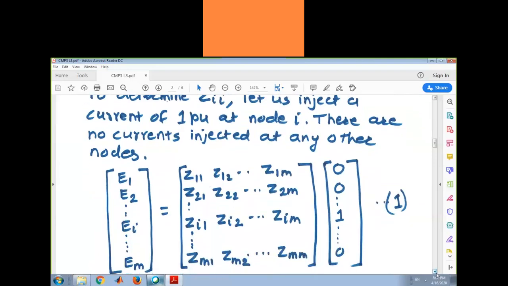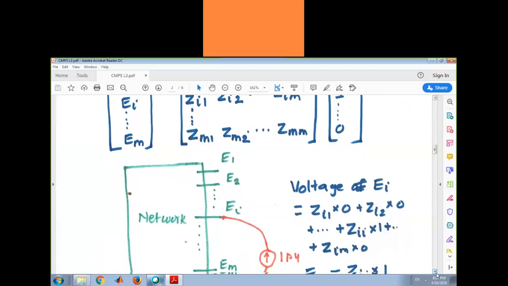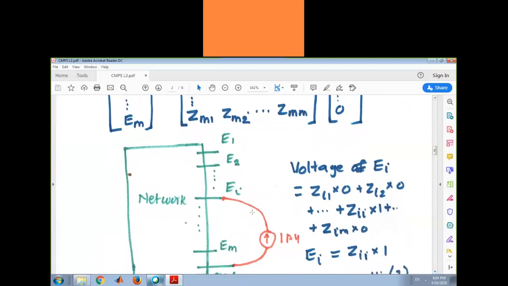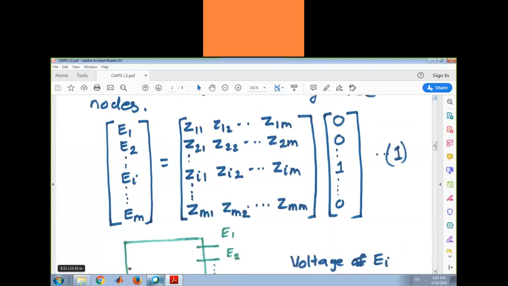What we do is inject a current of 1 per unit at node i, as I am showing here. From the reference to node i, we inject a current of 1 per unit, and then Ei will be equal to Zi1 into 0, Zi2 into 0, Zii into 1, Zin into 0.